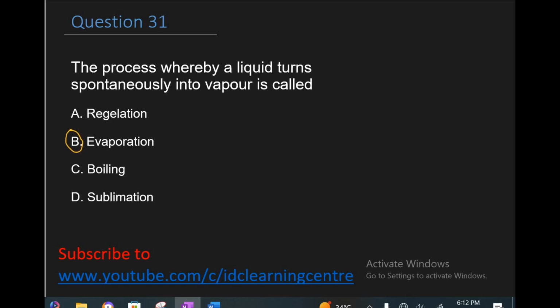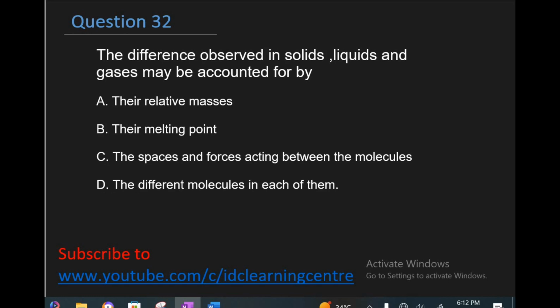Next question, 32. The difference observed in solids, liquids, and gases may be accounted for by: A, their relative masses; B, their melting point; C, the spaces and forces acting between the molecules; D, the different molecules in each of them.